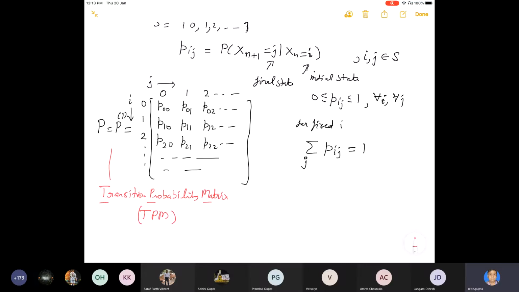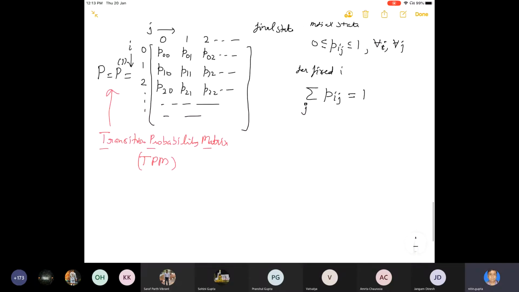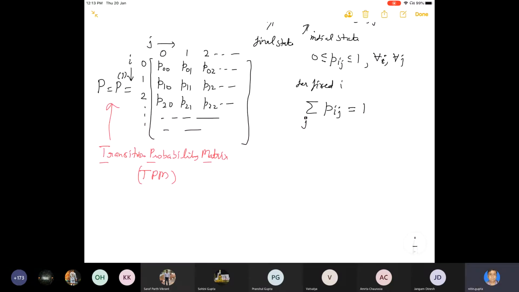Okay, so sum in a row. For example, if I take this row, P00 plus P01 plus P02 plus so on, this will be 1 because of this. Similarly, the second one also, P10 plus P11 plus P12, that is also 1.